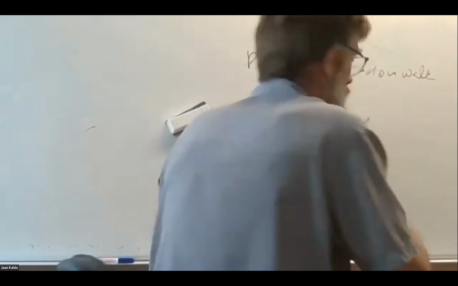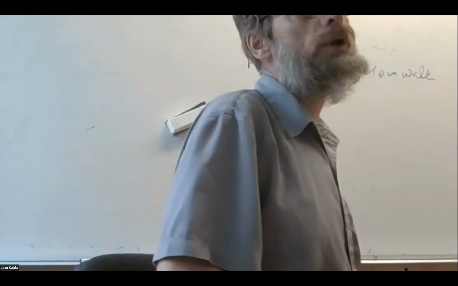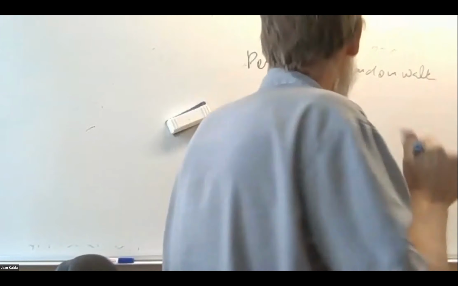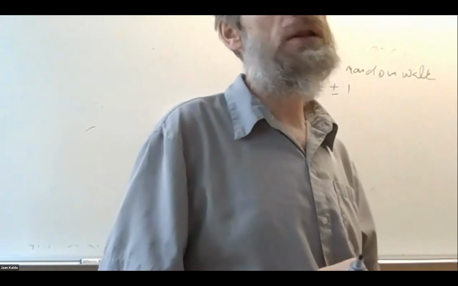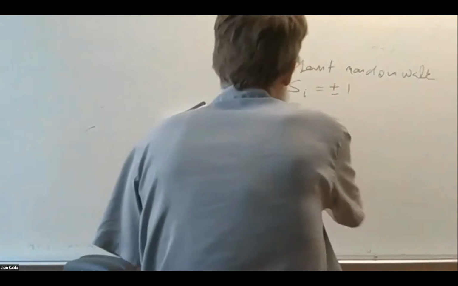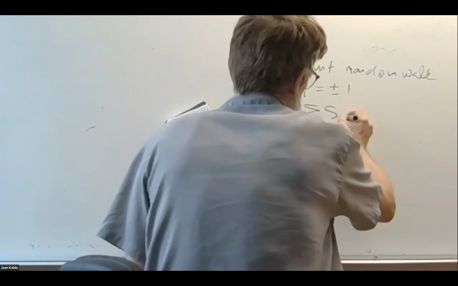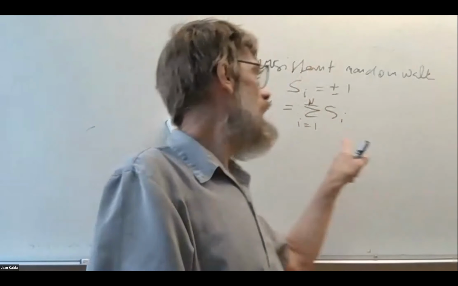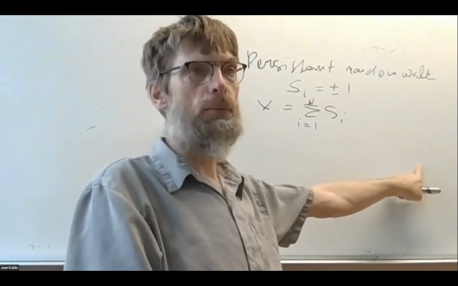If we have a step S_i, you remember more or less what we did during the very first lecture. We have S_i equals plus or minus 1, a random step back or forth, and the total displacement X is the sum of those steps. We can say the speed of each step equals 1. And then we said that all these steps are uncorrelated from each other, and that's how you obtain a random walk.